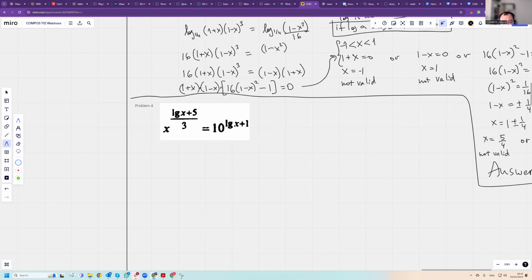x to the power log x plus 5/3 equals 10 to the power log x plus 1.